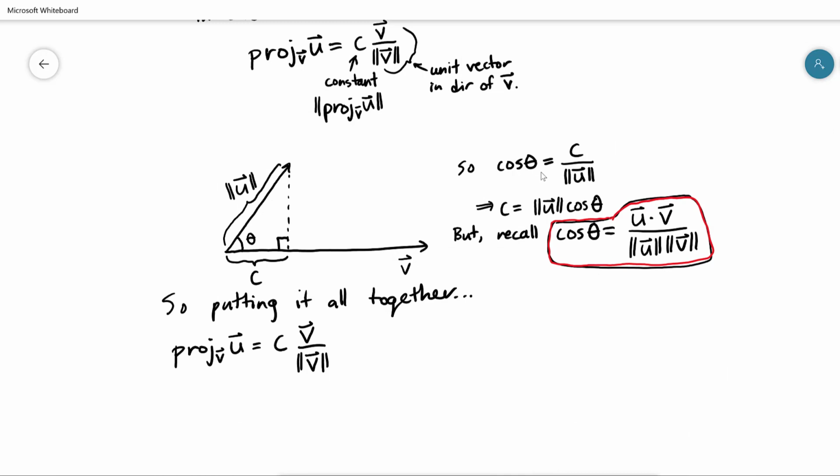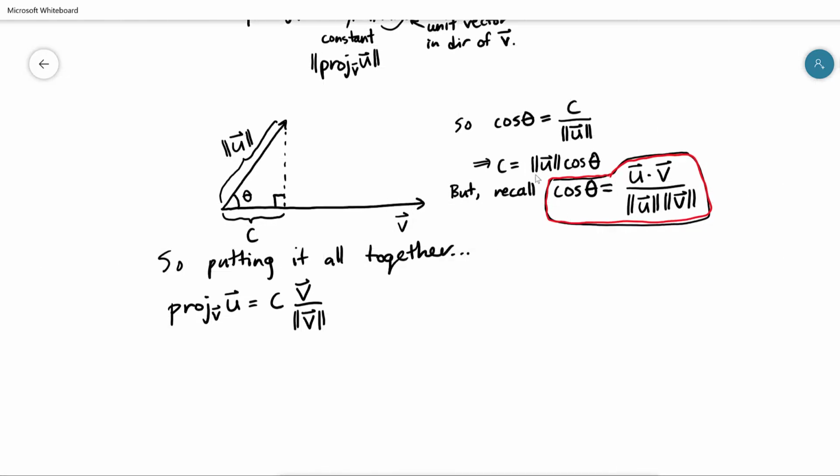But now we've figured out that c is equal to the magnitude of u times the cosine of theta, but the magnitude of u times the cosine of theta is the magnitude of u times this big mess. So this is equal to the magnitude of u times that big mess, u dot v over the magnitude of u times the magnitude of v, times now v over the magnitude of v. Whew.